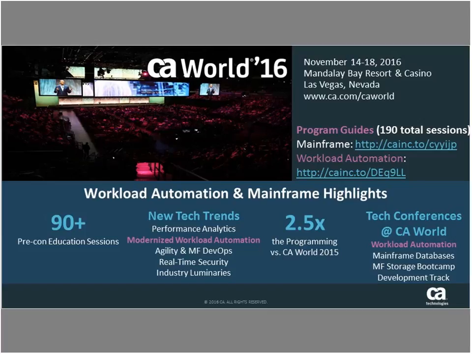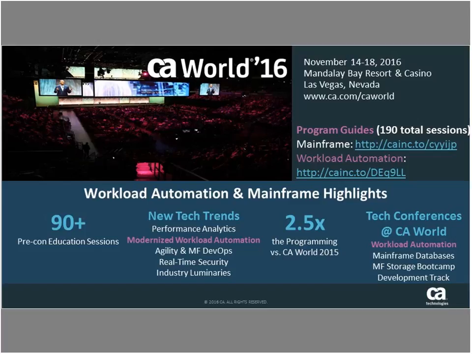Jean, in the meantime, why don't you go ahead and talk about CA World for us? Just a quick little reminder about CA World in mid-November. There are several CA 7 sessions that we're giving. If you notice, I put the program guide URL up there. You can download that and look for those CA 7 sessions. I think there's half a dozen or more.